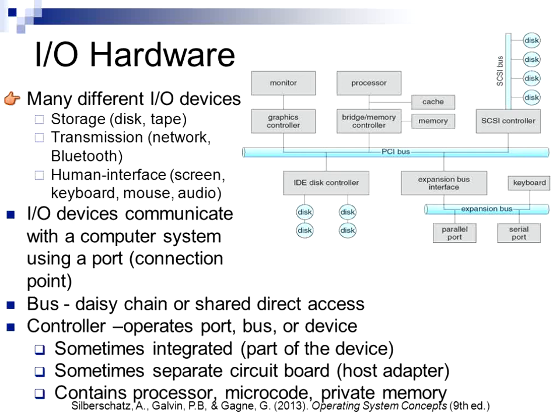You have disk drives, you might have tape drives, you have network transmission, you might have Bluetooth, you have a screen, you have a keyboard, you have a mouse, you have speakers, you have a microphone, you have touch screens. I mean, just about anything can be hooked up to a computer, using a USB or something like that. And there's more and more different kinds of I/O devices coming out all the time.